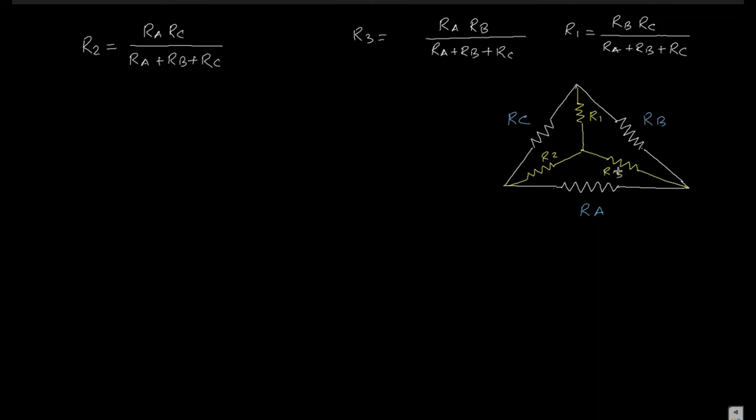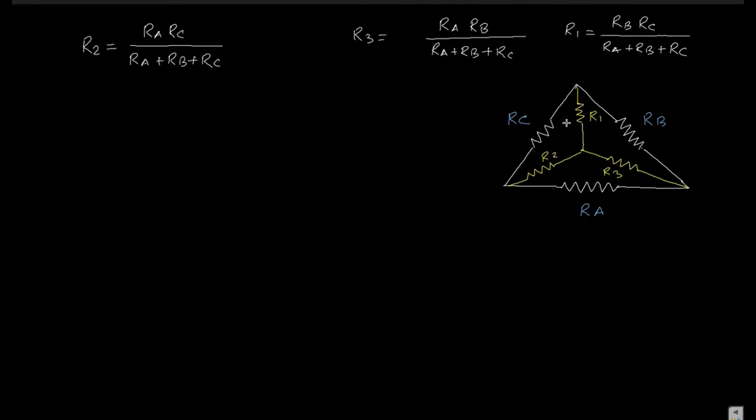When you consider this R1, you have to consider the two opposite side resistances in the numerator. When you calculate R1 it becomes RC and RB. These RC and RB should be present on the opposite side of R1, the one you want to find the equivalent for. You got my point?